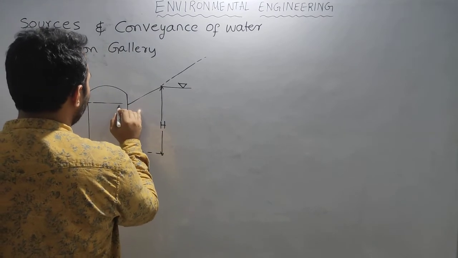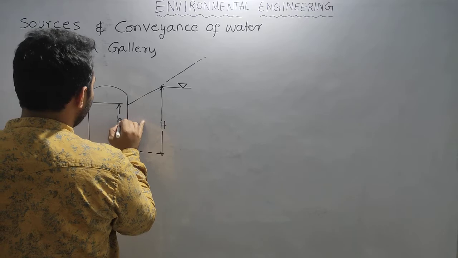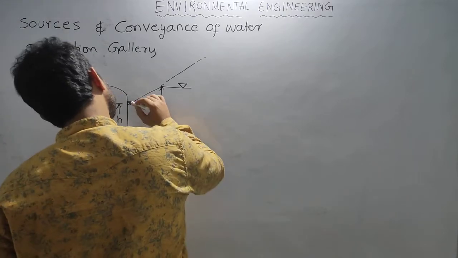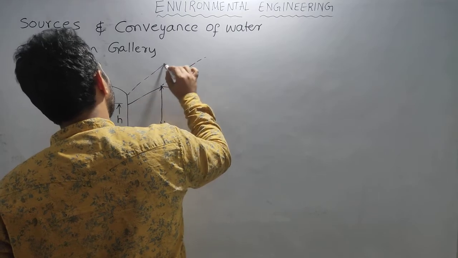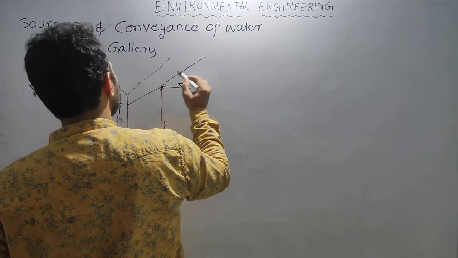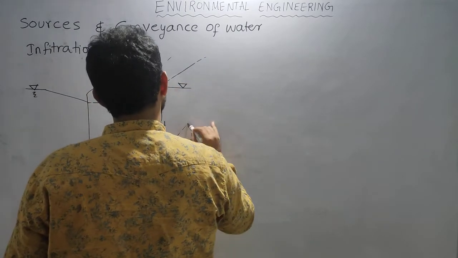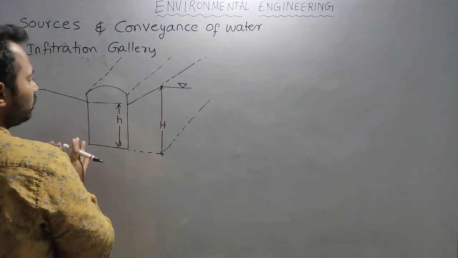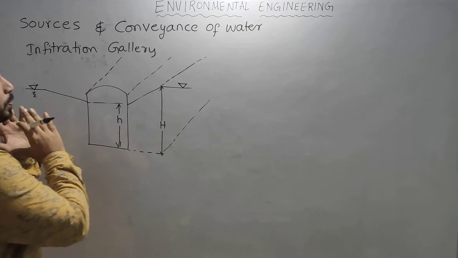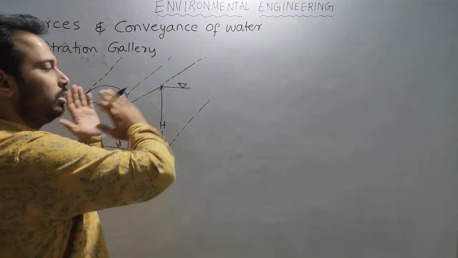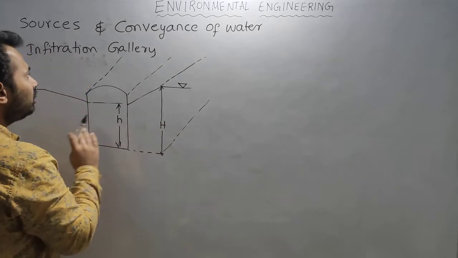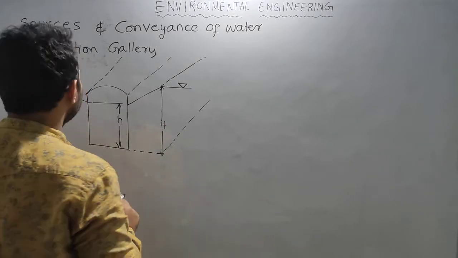So this is the height of the water inside the infiltration gallery. So lengthwise, this infiltration gallery will be like this. Okay. Now, what is the yield of infiltration gallery?